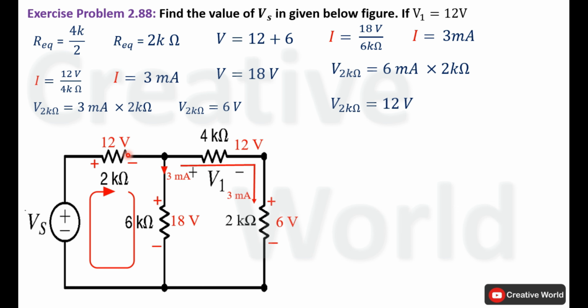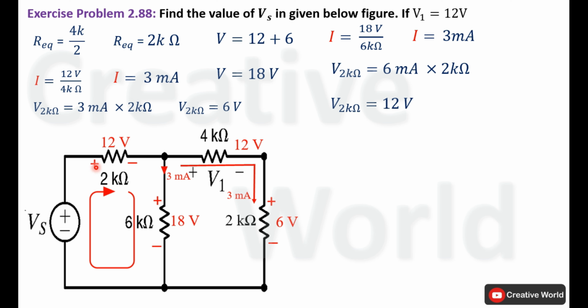Modify the network. Now we have the value of voltage across this 2 kilo ohm resistance and this 6 kilo ohm resistance. We can apply Kirchhoff's voltage law inside this closed loop to calculate voltage across this voltage source labeled as Vs. For that purpose, we have assumed the direction of current clockwise. Write KVL equation.